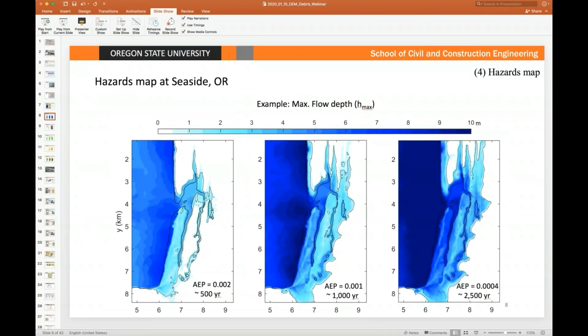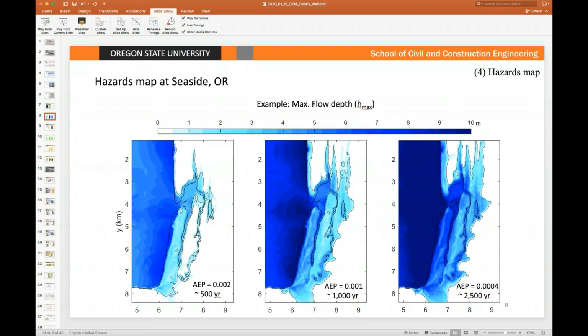And again, what we're trying to do is put a recurrence interval associated with certain levels of flooding. So for example, the middle graph shows the flooding extent for the city of Seaside with an annual exceedance probability that would correspond to a 1,000-year event.